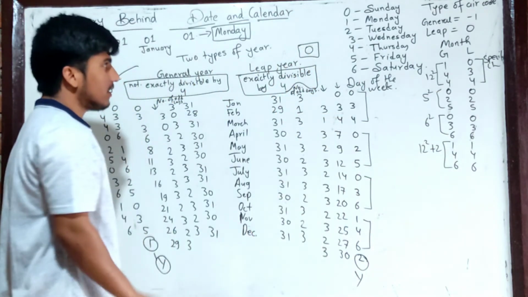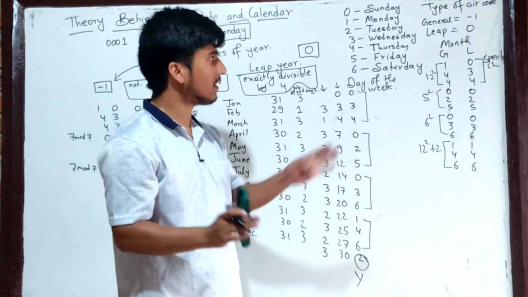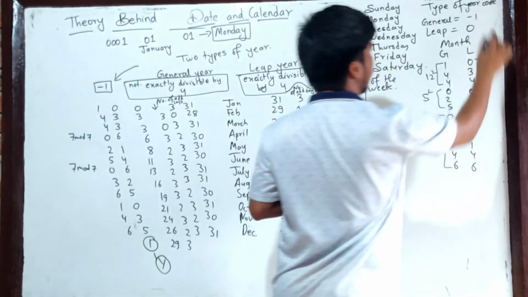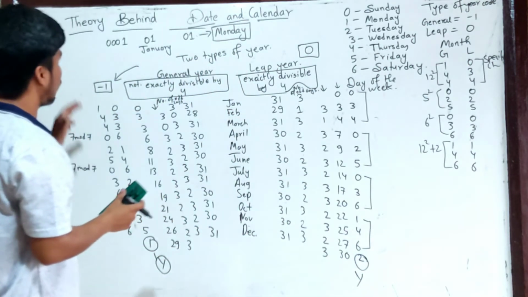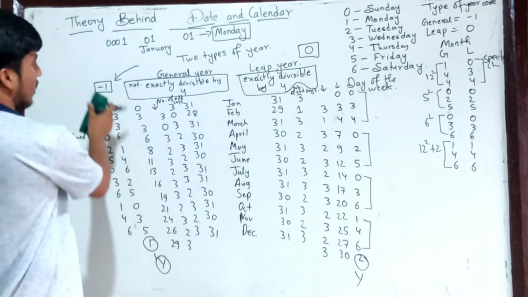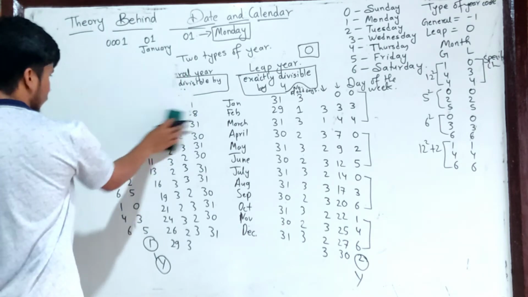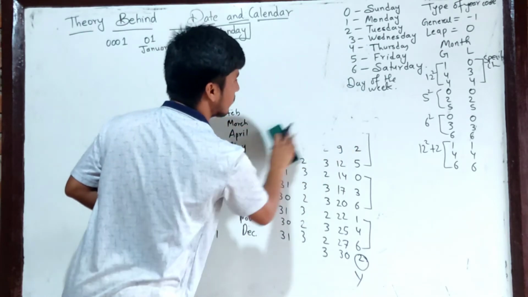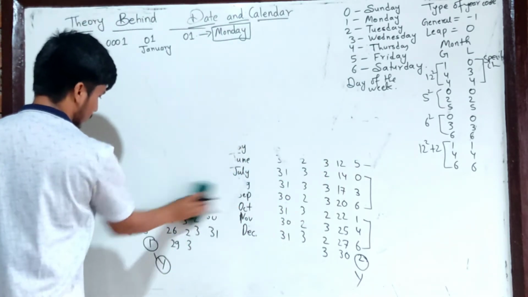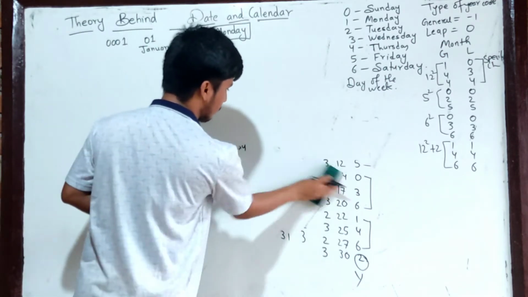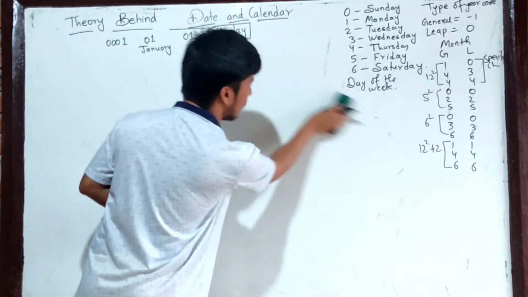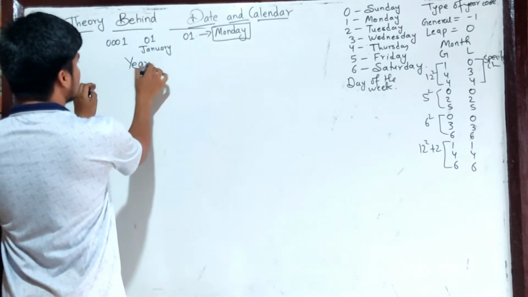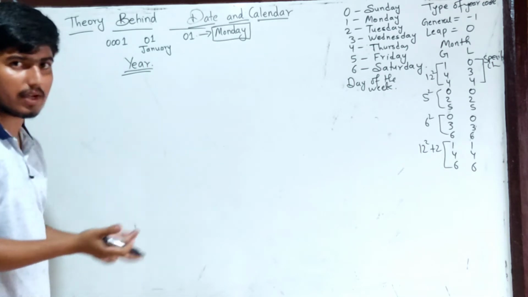Now we need to work upon year. We have only defined the code for the type of year. Now we need to find the exact code for the year. Now for year, let's revise that first, okay?